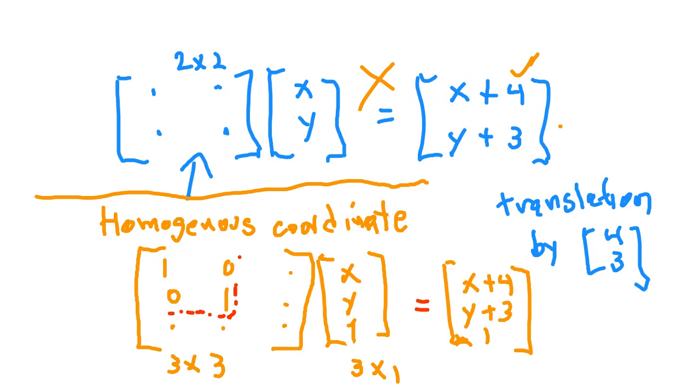Where would the 4 and the 3 have to go? Can somebody maybe put a circle where the 4 would go? Good, good, thank you. So the 4 is going to go here. And what about the 3?